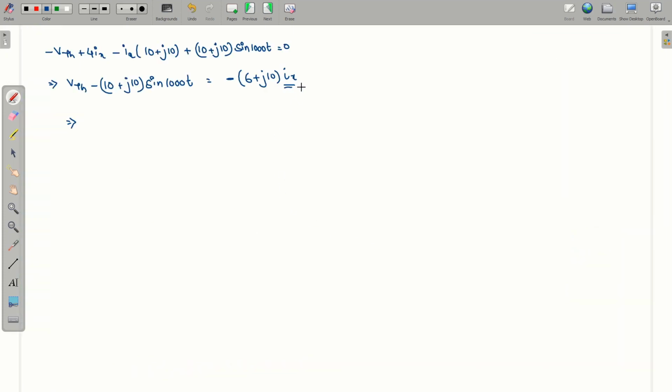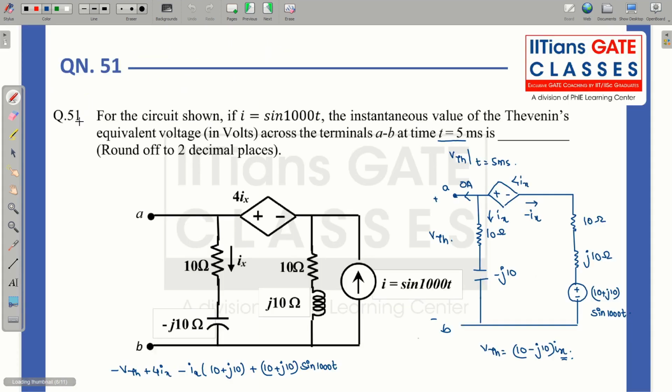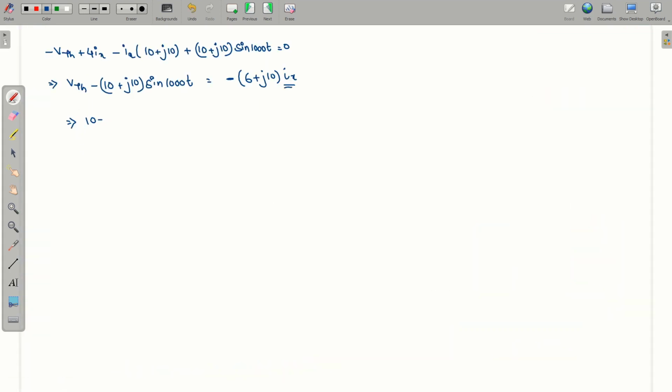Now I need to substitute this value of Ix. It is better if I write VTH as (10 minus j10) Ix, it will be simple to solve.